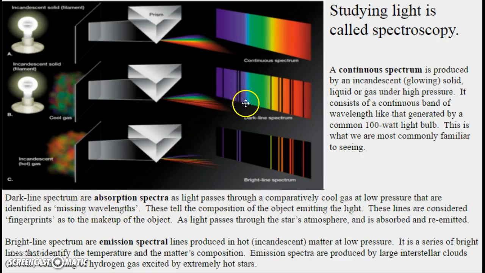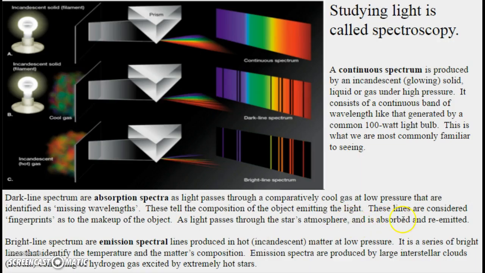The dark bands, the dark line spectrum, they're quote unquote missing these areas of wavelengths. These tell the composition of the object that's emitting the light. These lines are considered fingerprints as to the makeup of the object. As light passes through the star's atmosphere, right, in this case, the gas on the outer atmosphere, the gases on the outside are cooler than the gases on the inside.